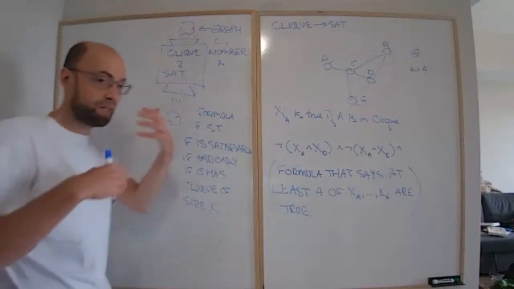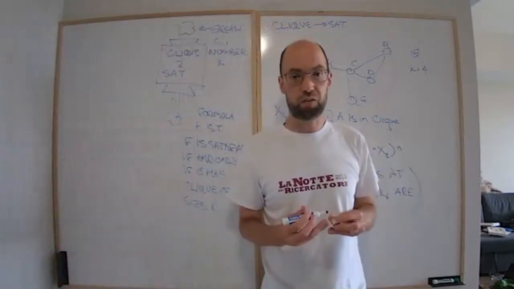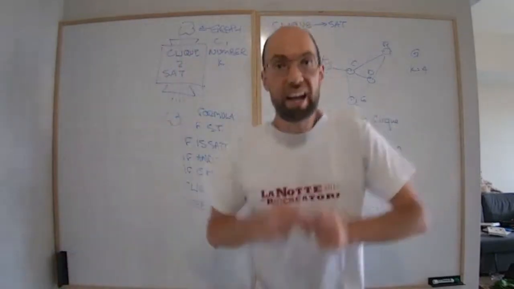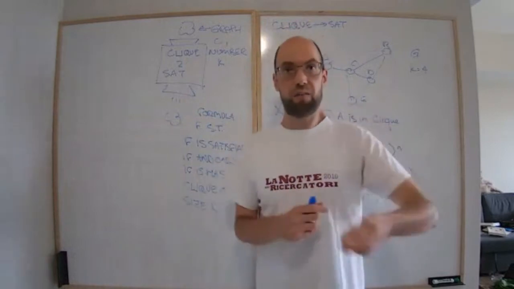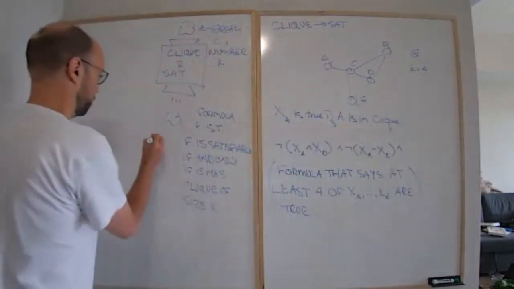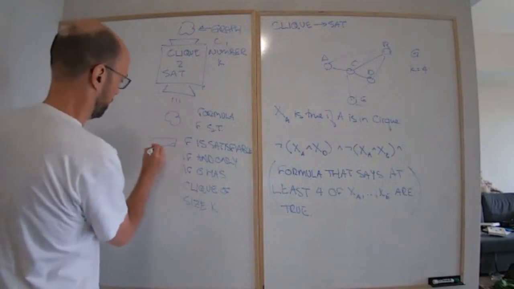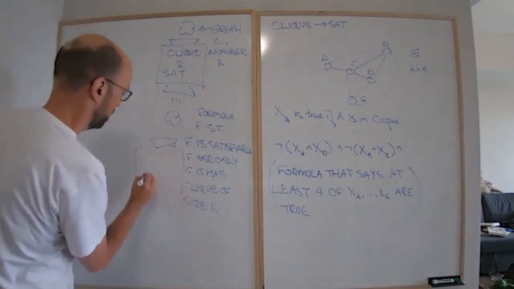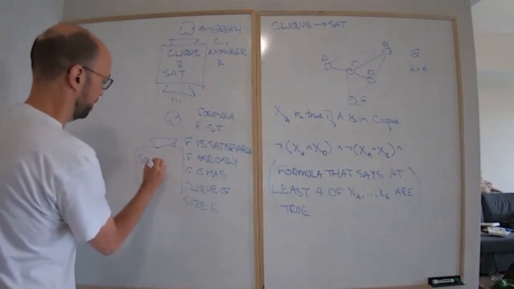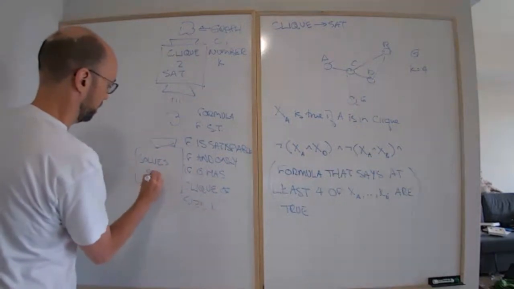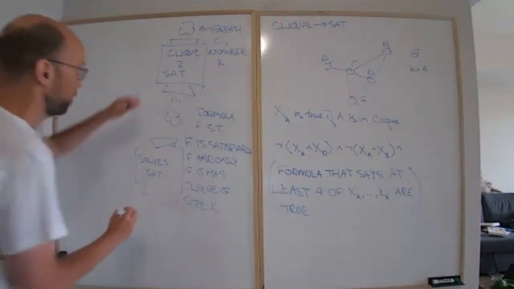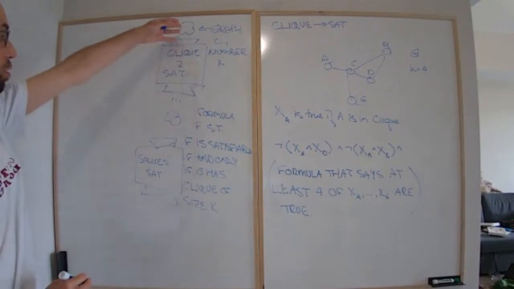So now, if somebody gave us a magic box that solves SAT, then all together we would be able to solve clique.